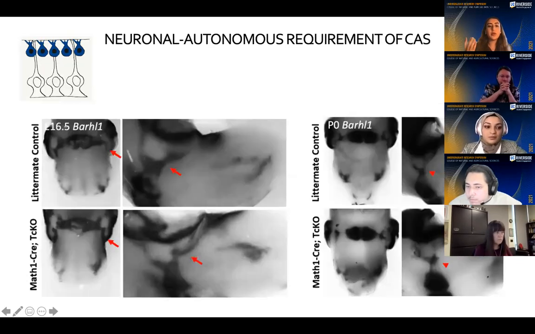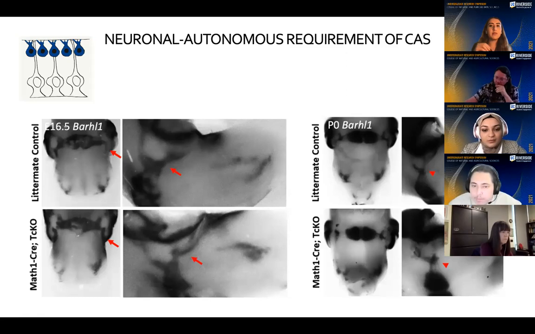So now that we know that there was an impact when Cas was removed, we wanted to specifically see where this impact was. Was it glia or was it neuronal? So we removed the Cas gene from the neurons only to see if there was a neuronal autonomous requirement of Cas.